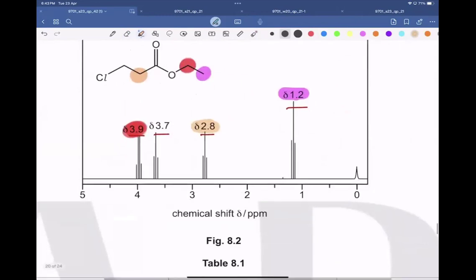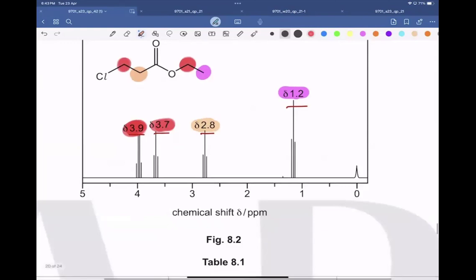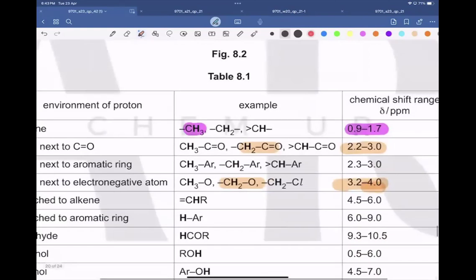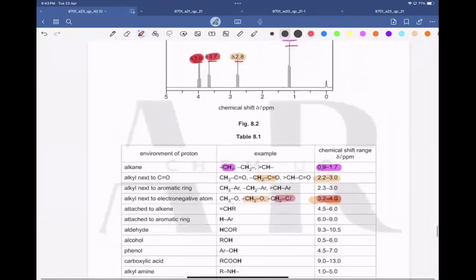And one is left, which is at 3.7. Chlorine is less electronegative than oxygen, so it is lesser than that, but this one is also lying in this region. Is this understandable to all of you?